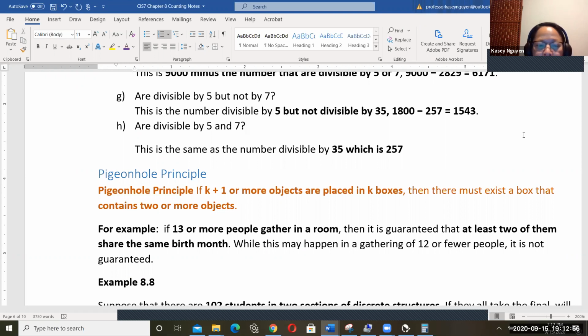Next, we're going to talk about the Pigeonhole Principle. Based on your notes here, it tells you that the Pigeonhole Principle states that if you have k plus 1 or more objects placed in k boxes, there must exist a box that contains 2 or more objects.